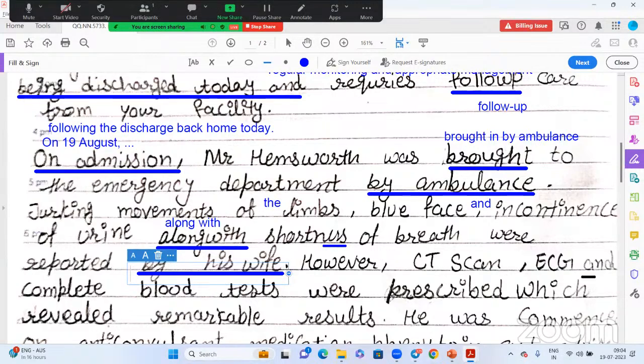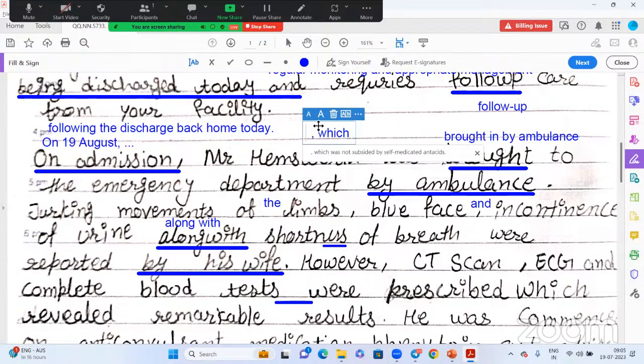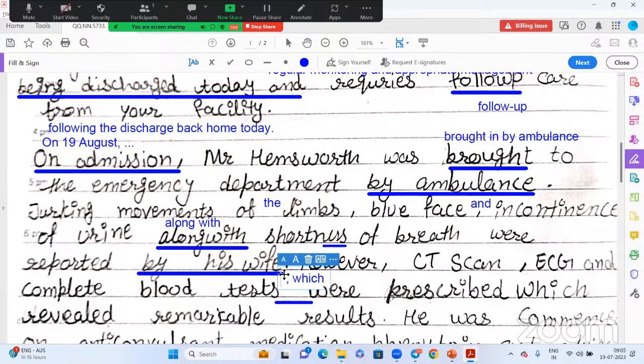CT scan, ECG, and complete blood tests, which were ordered. They were not prescribed, they are not medications, so you cannot prescribe. You prescribe medications. You order tests, so which were ordered, not prescribed.